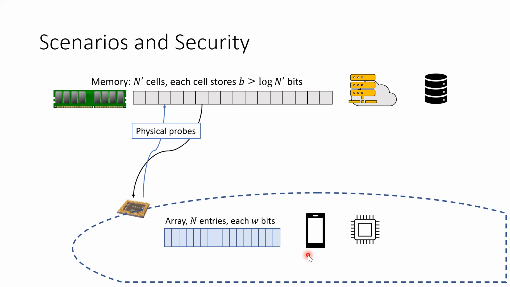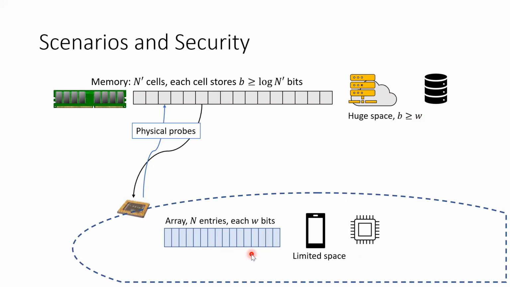Or in another scenario, the processor has some small local cache, not large enough to store the logical array, so it has to store things on a physical disk. In all these scenarios, the processor side has only limited space, while the memory has a huge space and can store the contents of this array.